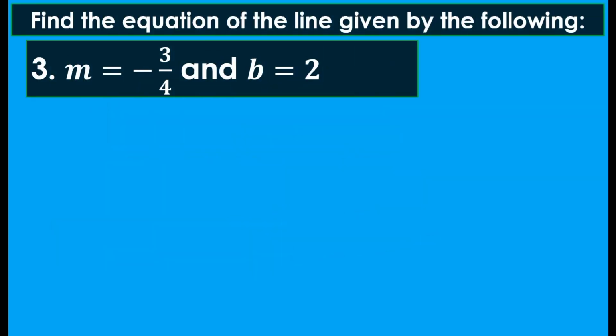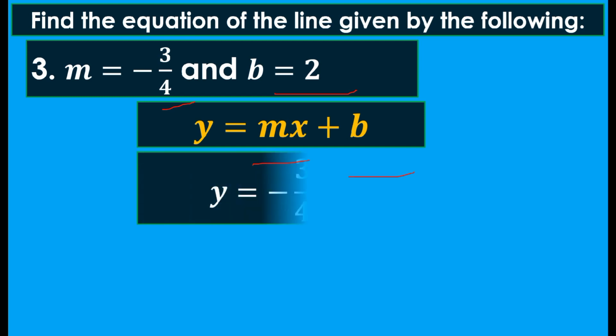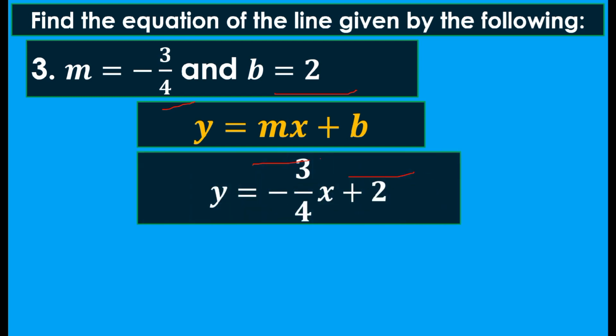Next, number 3. The slope is negative 3/4 and the y-intercept is 2. Okay. In the standard form, your a should not be a fraction. It is always a whole number. So, we need to substitute. Y equals mx plus b. Substitute it further. Y equals negative 3/4 x plus 2.